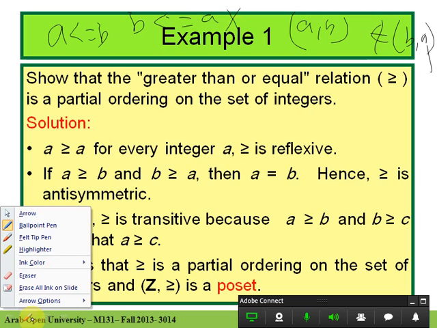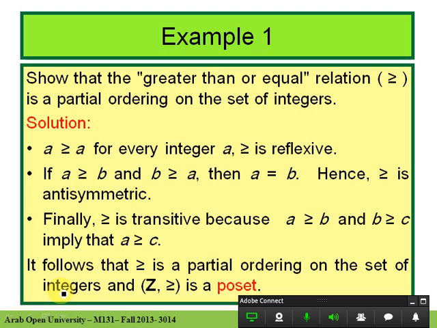I'm sorry. A greater than or equal to B, then there should not be B greater than or equal to A. Let's say A is 2, B is 1. 2 is greater than B, right?